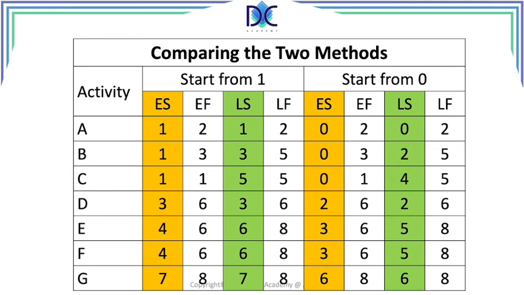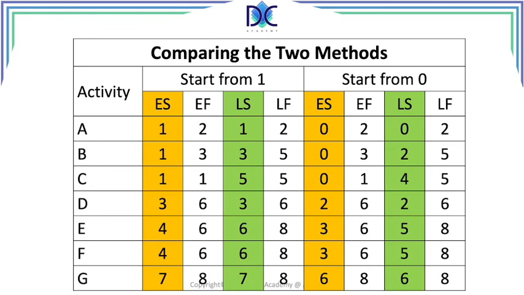The difference between the two methods is that the early start times are different, because we're using ordinal numbers or cardinal numbers. When we start from 0, we talk about events, while when we start from 1, we talk in periods, and that's the main difference. So that was it for this exercise.